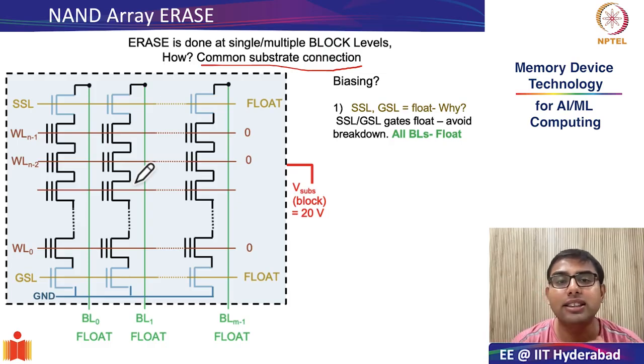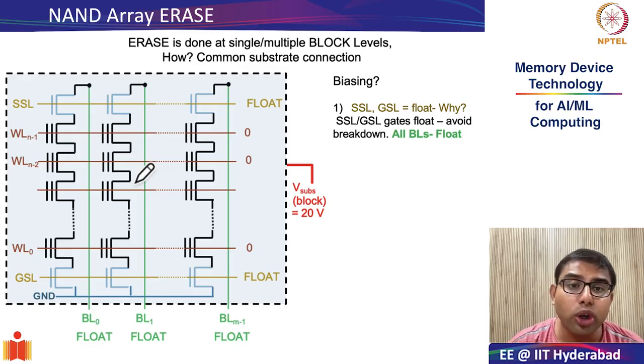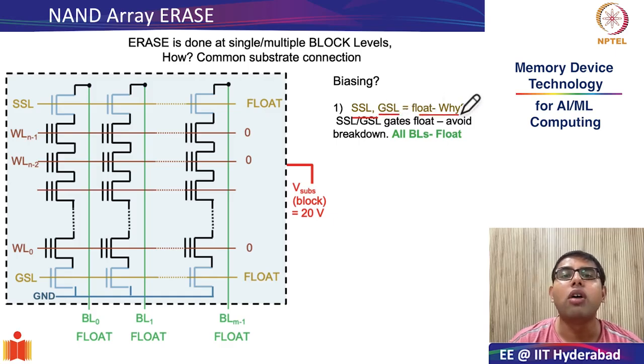Okay, so how is this done? Let's look very quickly at the biasing scheme. The first thing to note is that in the biasing schematic, the source select line and the ground select line are kept at floating condition. Why are the source select line and the ground select line transistors kept at floating conditions?